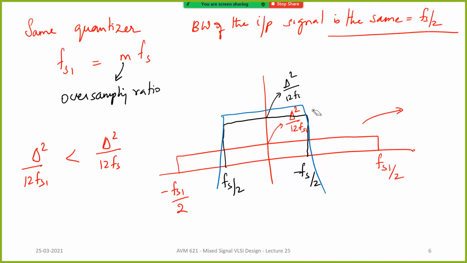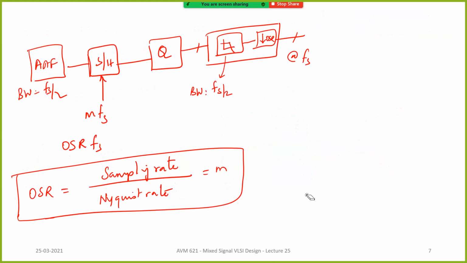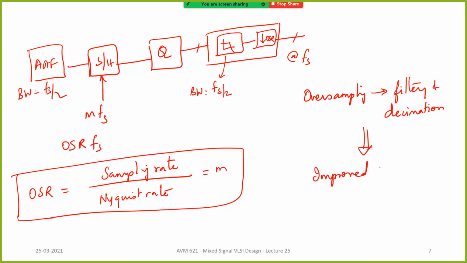But because of what I have done here, which is oversampling followed by filtering and decimation, I have improved my SQNR.